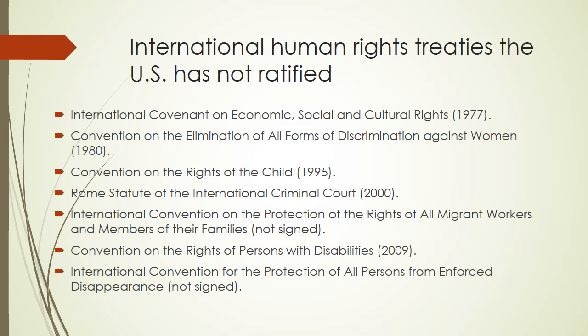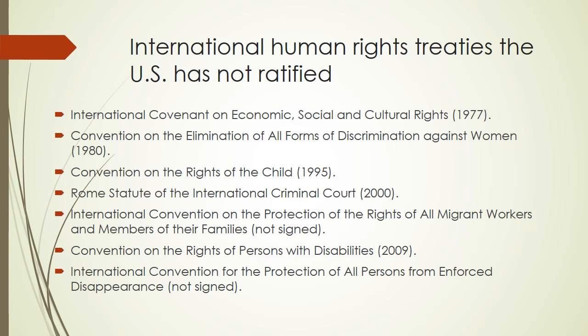International human rights treaties the U.S. has not ratified. International Covenant on Economic, Social, and Cultural Rights, signed 1977. Convention on the Elimination of All Forms of Discrimination Against Women, signed 1980. Convention on the Rights of the Child, signed 1995.